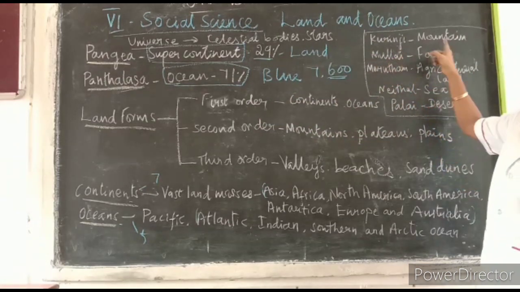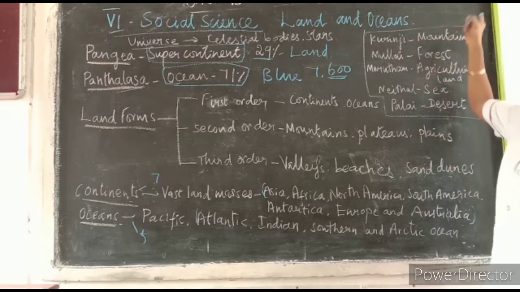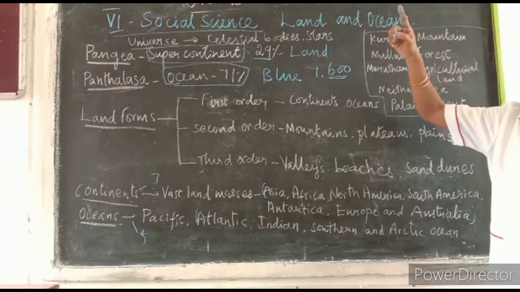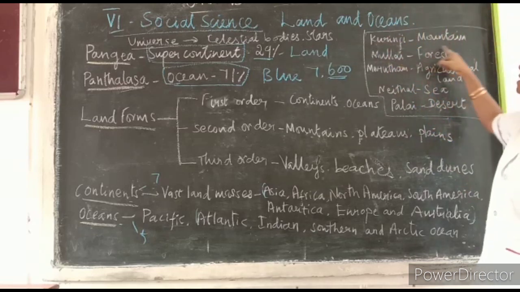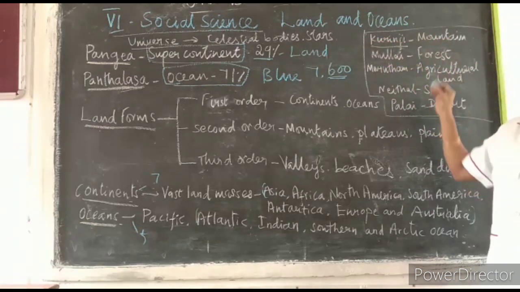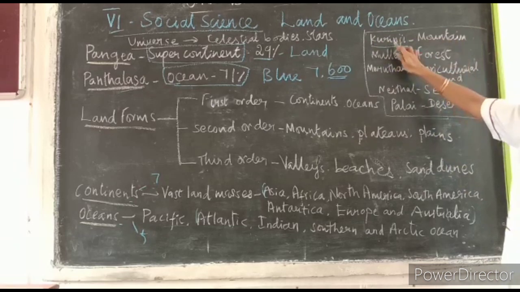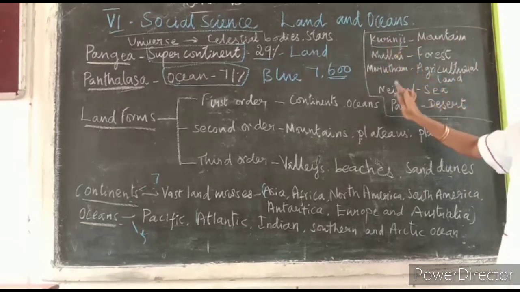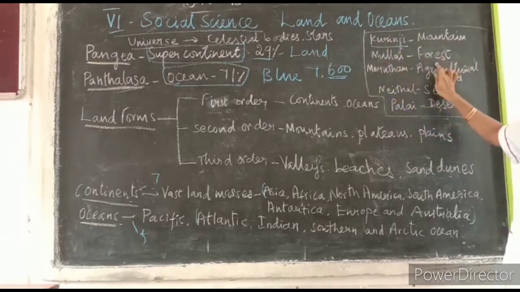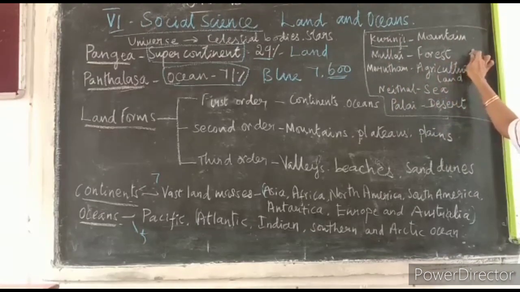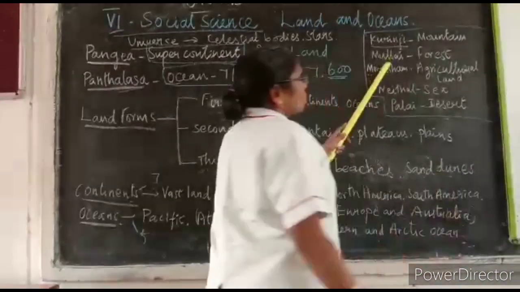Kurinji means mountain and the places around the mountain. Mountain region and the area around the mountain, we call Kurinji. The second one is Mullai, forest, and forest area comes under Mullai.